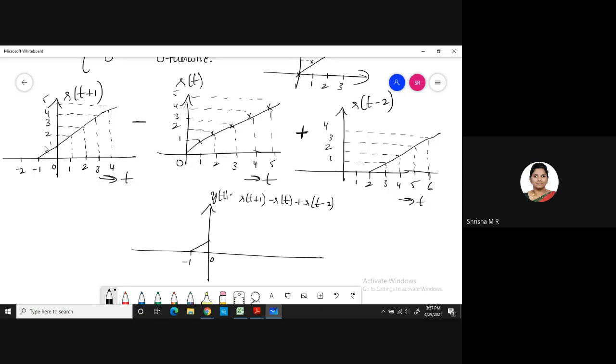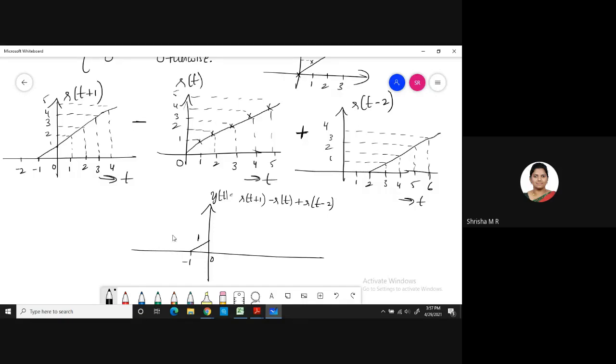Got it? Between minus 1 and 0, I have a ramp signal here, and in the others I don't have anything. So this minus 0 to plus 0 would be the same ramp only.